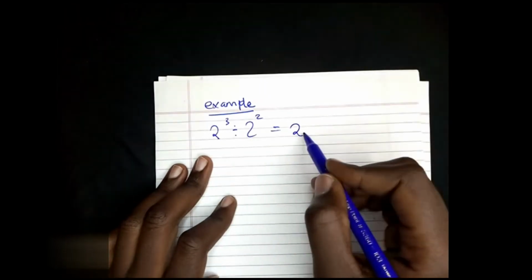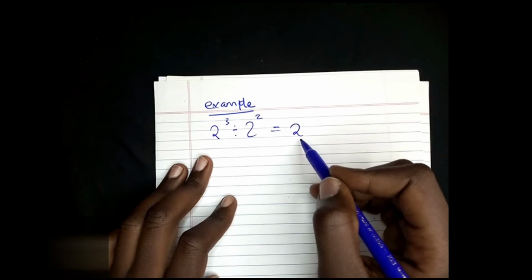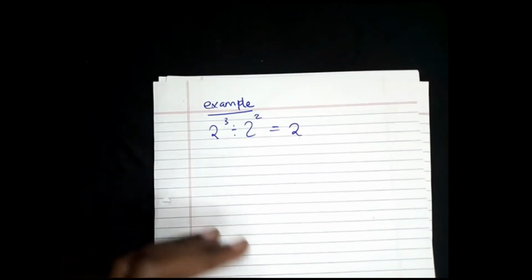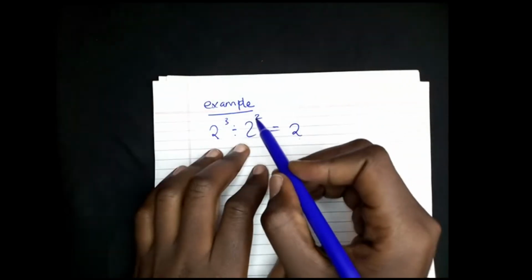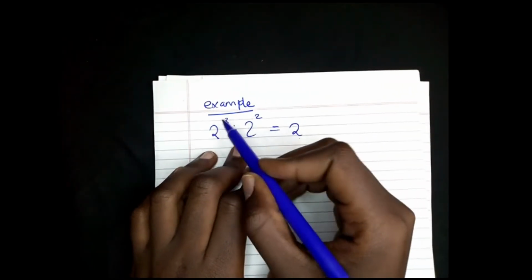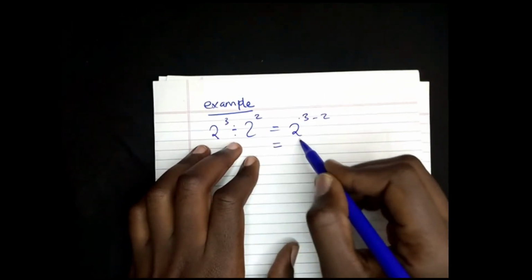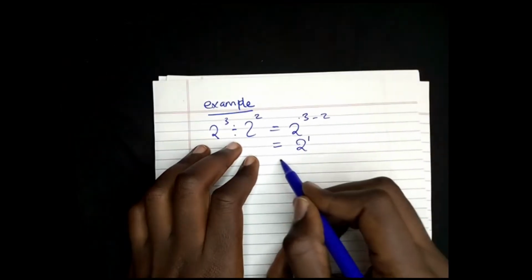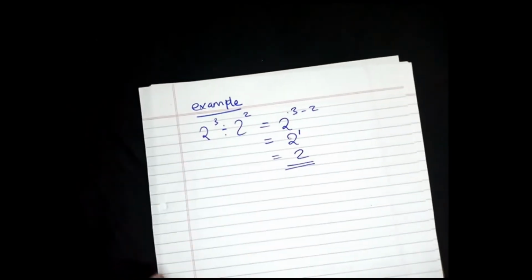If it is 2, 2, of course the answer will still have the base of 2. But when we are looking at division law, it is actually opposite to the product law. And what will happen is that the index of the divisor will be subtracted from the index of the dividend. So you'll just take 3 minus 2, which will be 1, which will be 2. And that will be our answer.